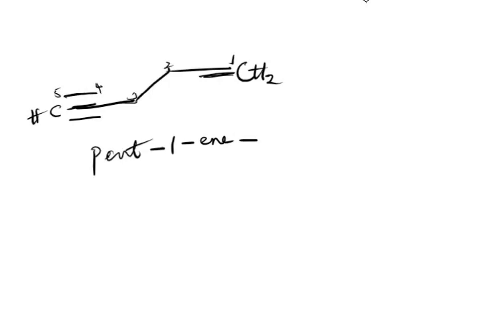Then at carbon 4 I have a triple bond, 4-yne. So this is how we can simply name this compound, pent-1-en-4-yne. Alright guys, so that will be all for the naming of alkenes. So next we want to see how we can name alcohol.